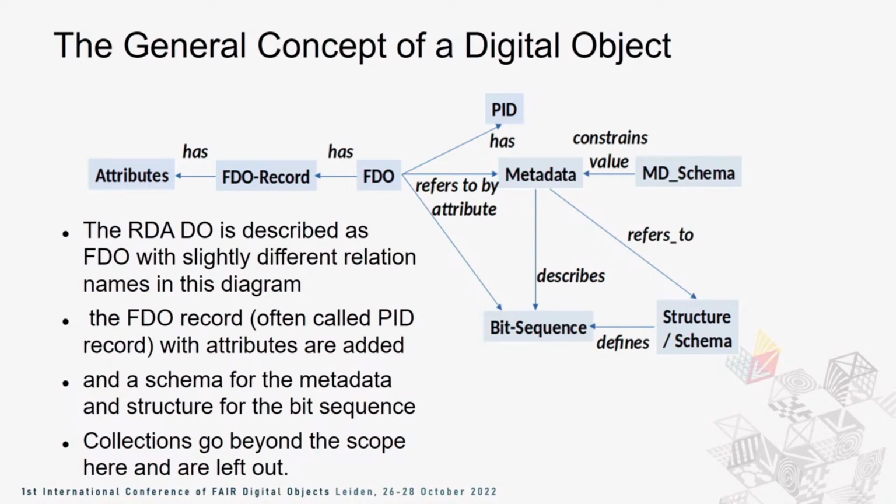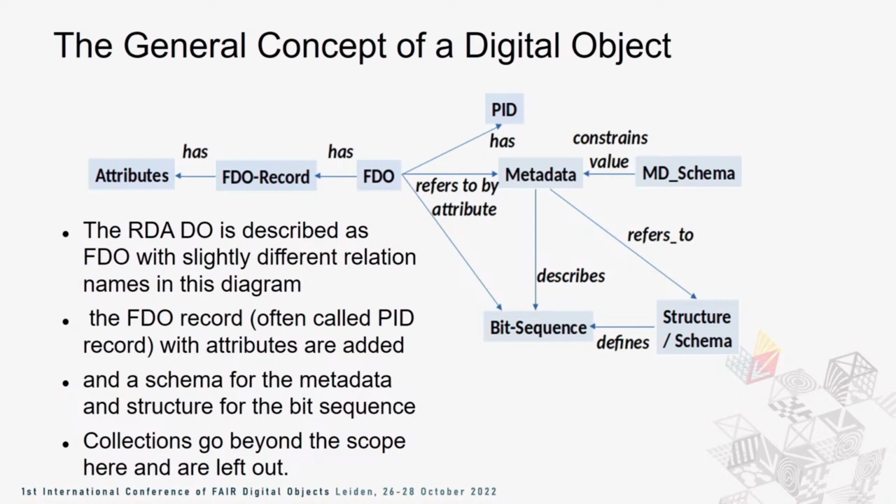So what we have to look at closer is what's behind these attributes. And as I said, we have this FDO, which has an FDO record, and in this FDO record there are a couple of attributes.